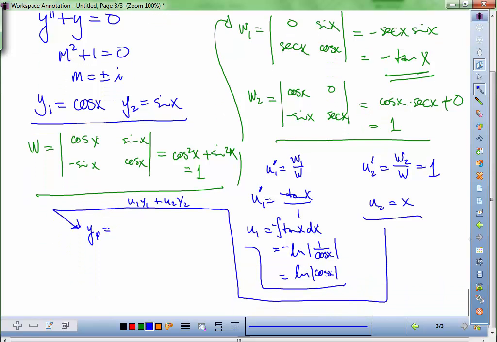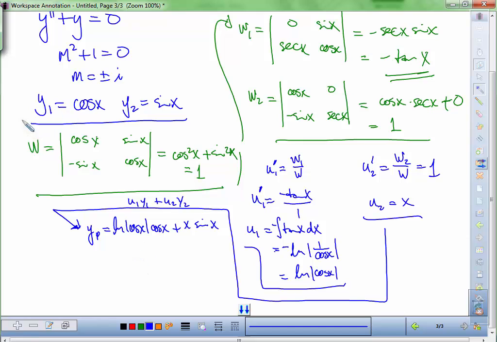So yp is going to be u1, which is the ln of cosine x, times y1, which is cosine x, plus y2, which is x, times sine x. Okay?